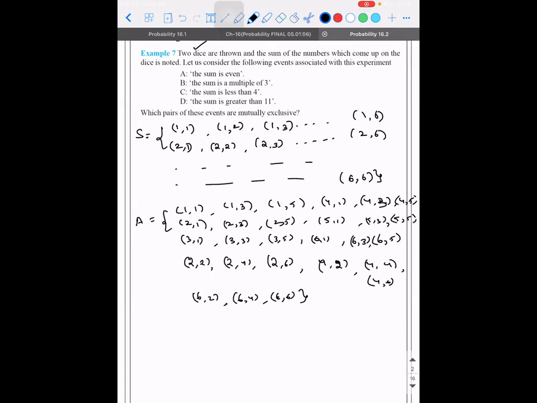I have a doubt, sir. Yeah, tell me. Sir, they've given that the sum is even, so we have to add both the elements in the ordered pair, no, sir? It should be even, no, sir? Yes, 1 plus 1 is even. So then can we write 4,1, sir? 4,1 will not come, no?